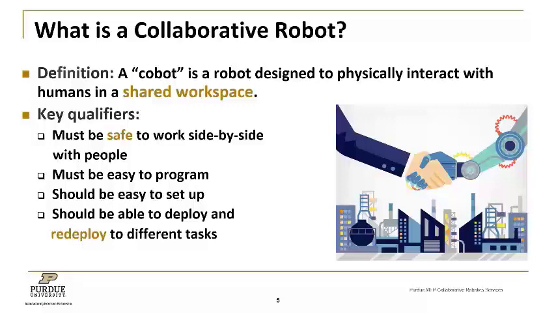But cobot users find that they can mount their cobot, in many cases, onto a wheeled platform and move it from workstation to workstation to do different tasks depending upon what products are being run through the assembly lines or production lines each day. So where standard industrial robots are usually good for high volume, low mix, cobots are really well suited for low to medium volume production runs with a wide variety of products.